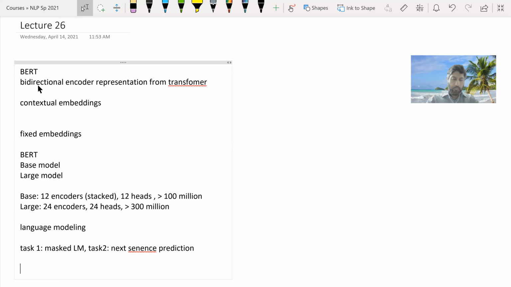So previously we were talking about the traditional language modeling, where we wanted to predict the next word given the previous words. So for example, I give this, I live in Lahore. Whenever I'm at position live, I have seen I and I've seen live, and I want to predict the next word, which hopefully should be in.